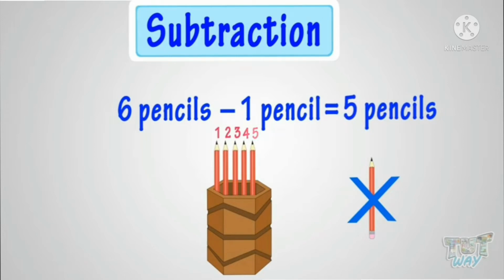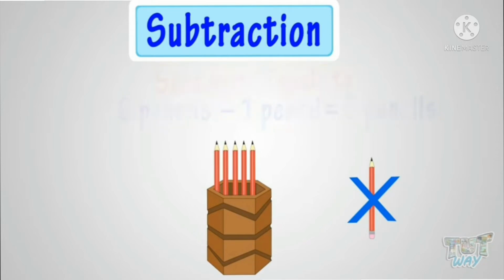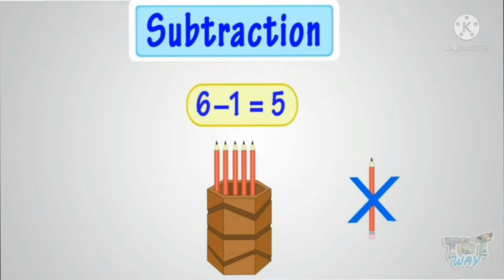That is, by subtracting 1 pencil from 6 pencils, we get 5 pencils. Here, this sign means subtract, and this sign means equals to. So it says 6 minus 1 equals 5.